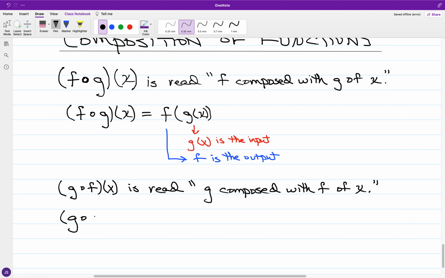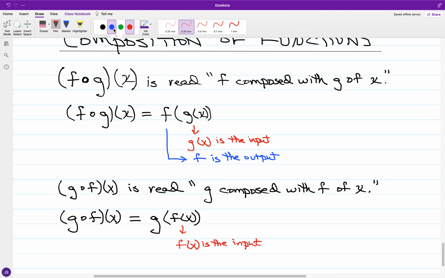Again, operationally, g composed with f of x. We have a reversal in terms of what the input and the output will be. So by clustering together, f of x is on the inside, so f of x is the input, and g is going to be the output.